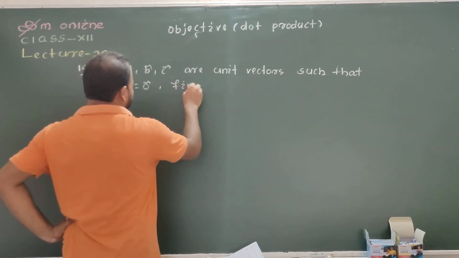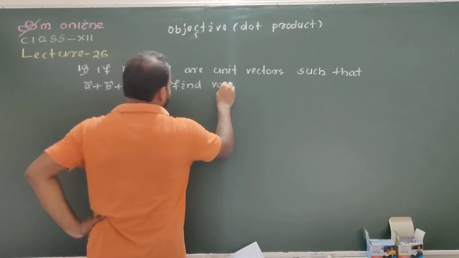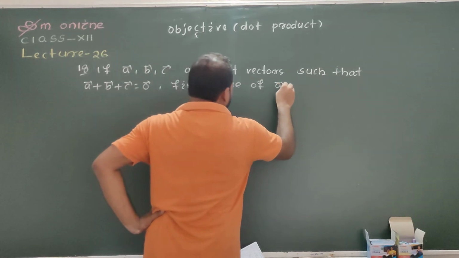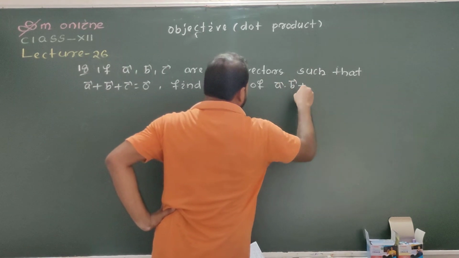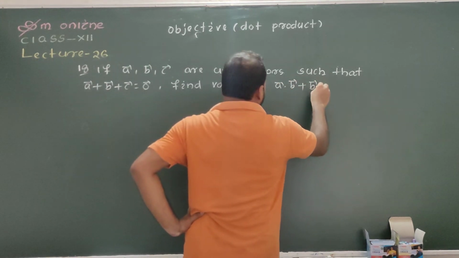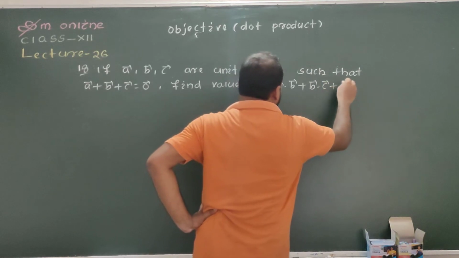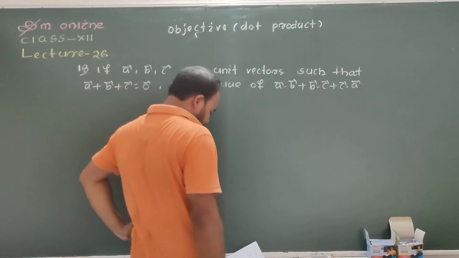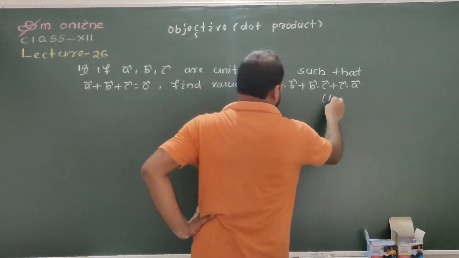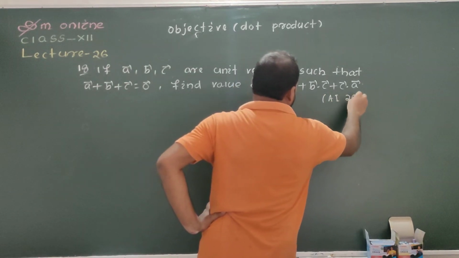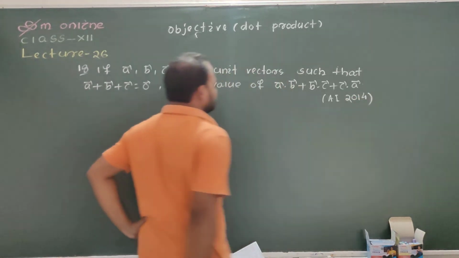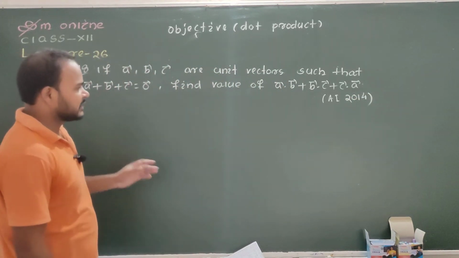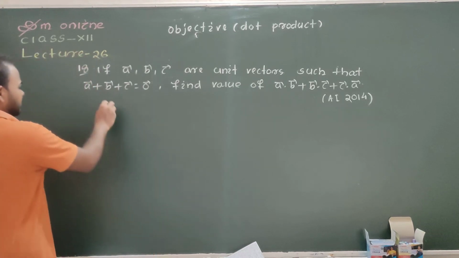This question is from AI 2014. Now here vector A, vector B, vector C are unit vectors.